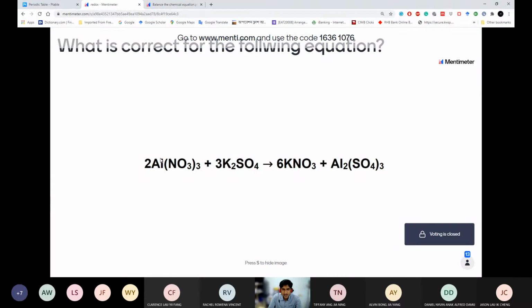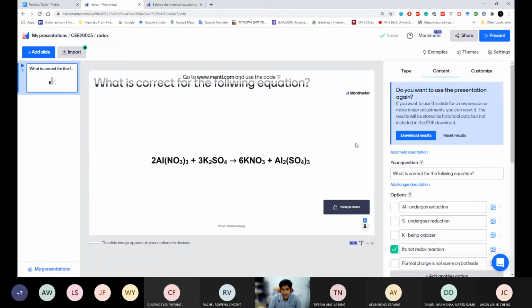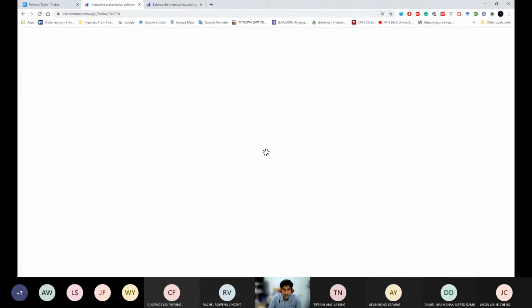Aluminium had 3 oxidation state, same, positive 3. Potassium was positive 1 on this side, positive 1 on this side. Sulfur was the same state. So it did not change oxidation state, and that is why it's not a redox reaction. All right.